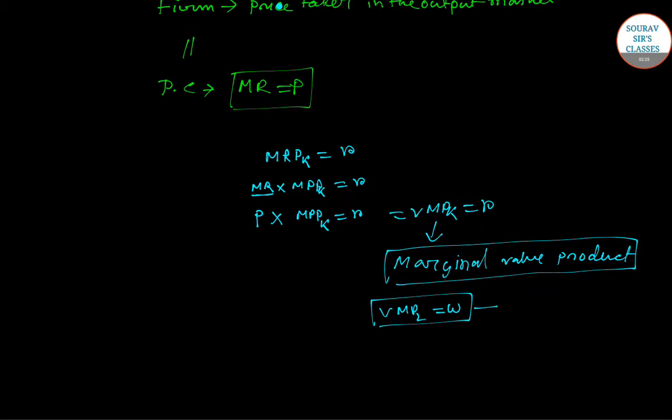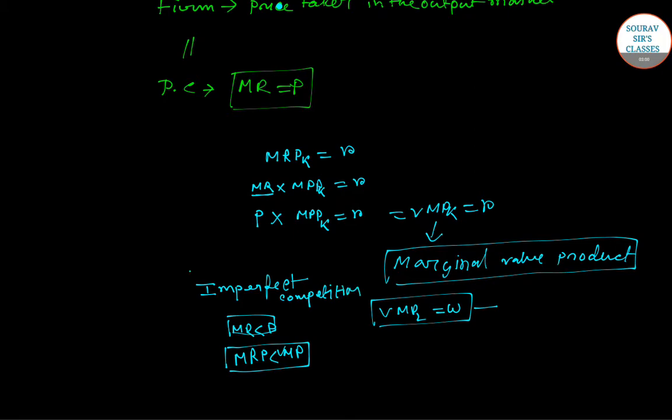In case of monopoly, in the commodity markets and factor markets, we can see marginal revenue is less than price. So in this case MRP must be less than VMP. In case of imperfect competition, we know MR is less than P, so MRP will be less than VMP.